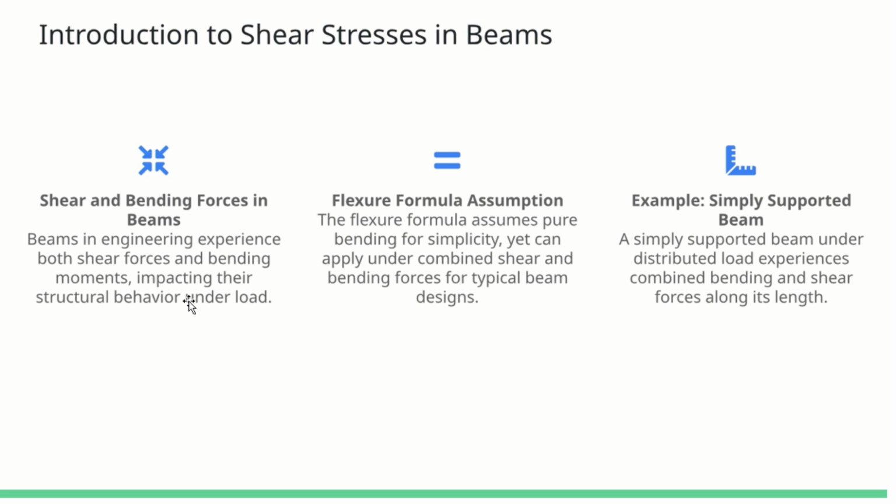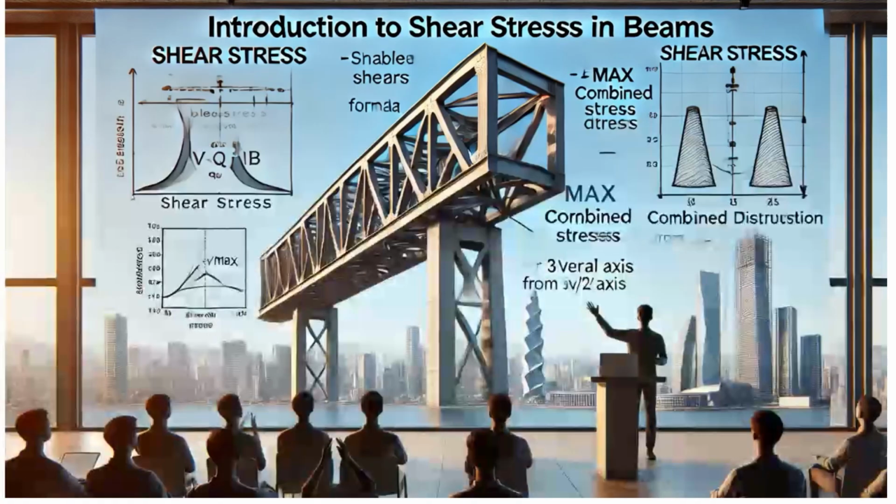The shear force comes from the waves on the ocean, from the flow of current in the river. It will give the shear force. So this combination of forces at the same time is related to this topic, which is shear stress in beams.